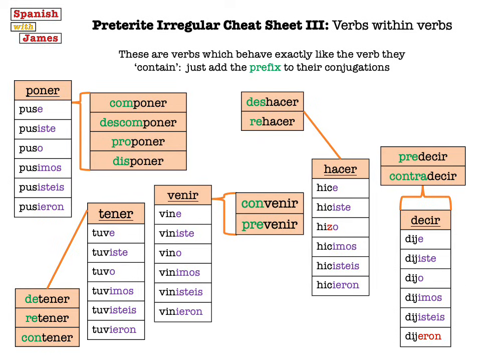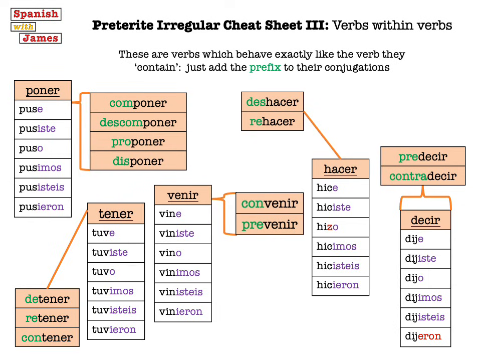For example, hace 2 semanas mi hermano propuso matrimonio a su novia. So 2 weeks ago my brother proposed marriage, you say in Spanish, to his girlfriend. And then disponer, to make available. Mis profesores dispusieron de su tiempo. So my teachers made their time available.